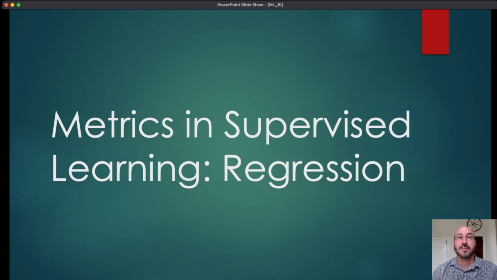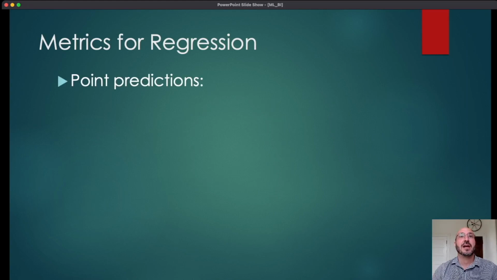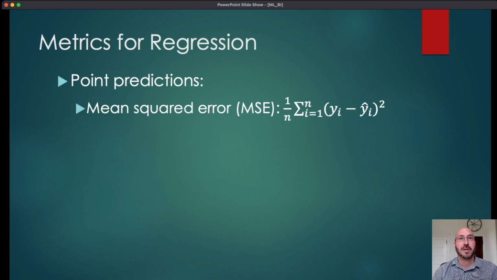Next, we're going to talk about the metrics that are commonly used for regression problems. Like in classification, the kind of metric you want to use for a regression problem depends on what kinds of predictions you're talking about. In regression, far and away the most common kind of prediction is a point prediction. And within point prediction, far and away the most common metric is the mean squared error.